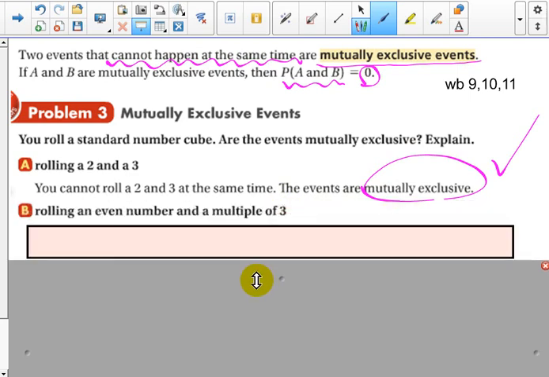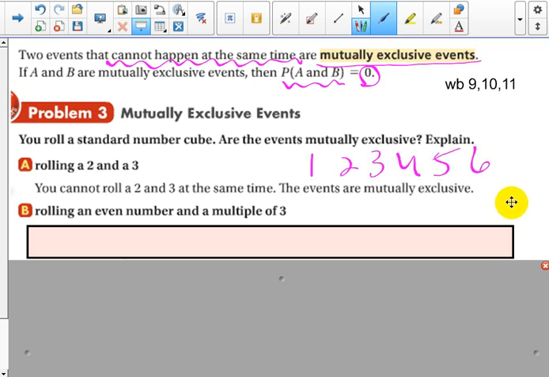How about rolling an even number and a multiple of 3? Is that possible by rolling one die? An even number and a multiple of 3. Well, what multiples of 3? You know, we have 1, 2, 3, 4, 5, 6. Those are the numbers we can roll on a die. What's a multiple of 3? A 3 and a 6 are multiples of 3.